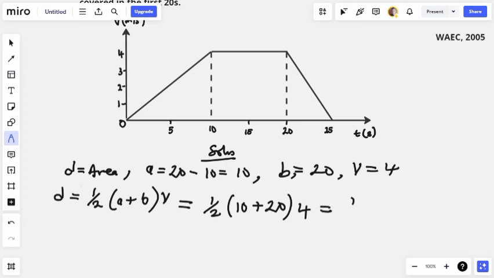So when you do that, that will be 1/2 times 10 plus 20, which is 30, then times 4. So 2 cancels 4 two times. 2 times 30 is 60. So the total distance covered in 20 seconds of the motion equals 60 meters. Thank you.